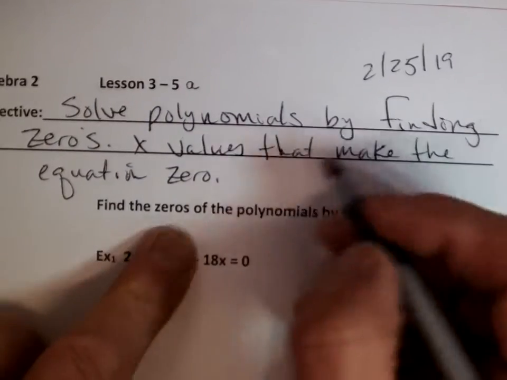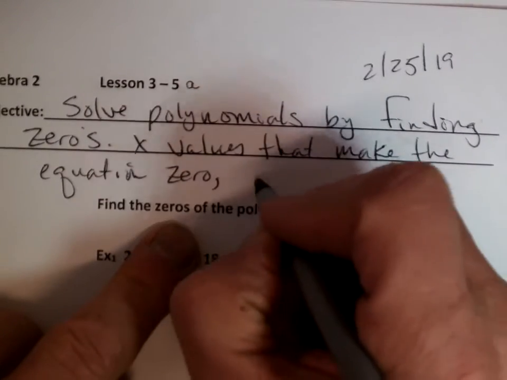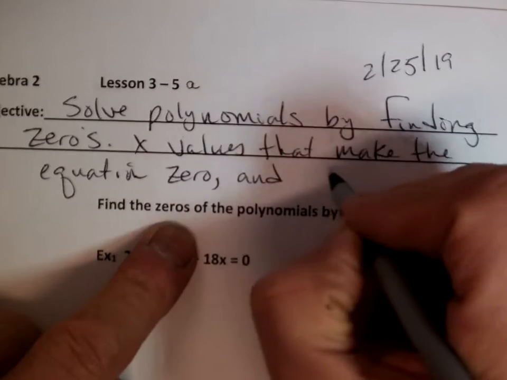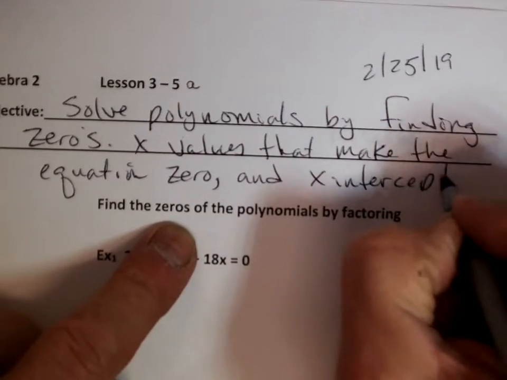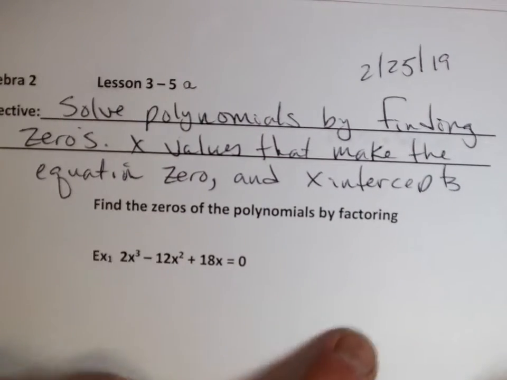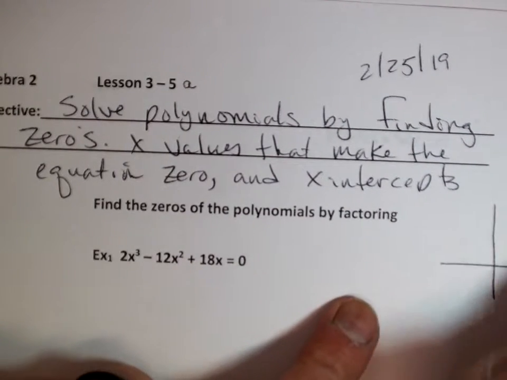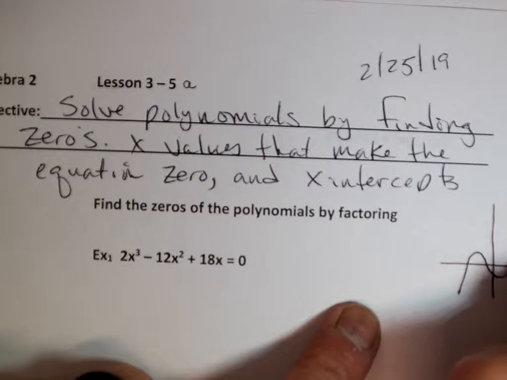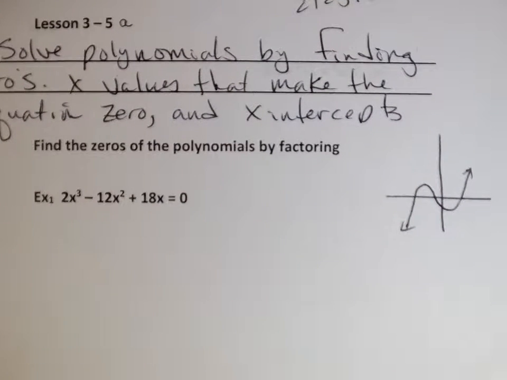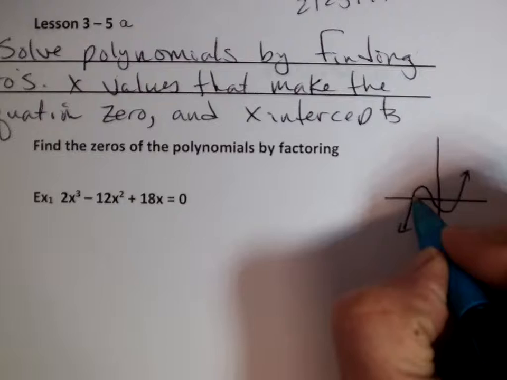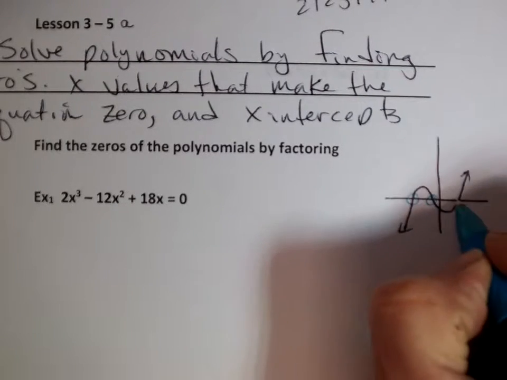They're also going to be, for us, x-intercepts for today. So if I just draw a funny little picture just to give you a visual, then in this example, my zeros would be here, here, and here.